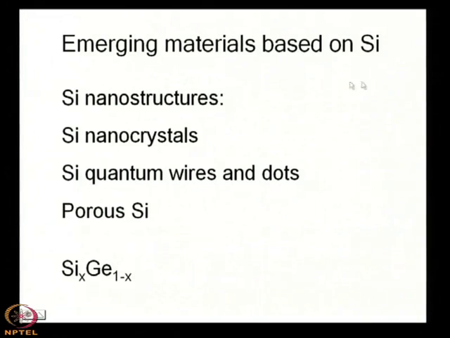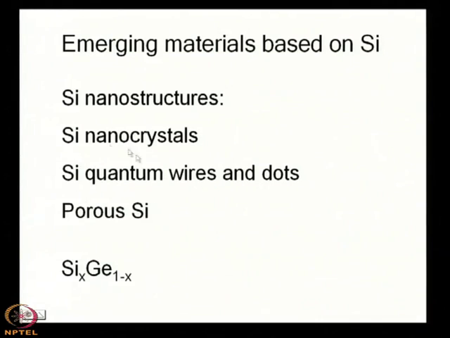Okay, so we find that in silicon also there are emerging materials which are based on silicon. Those may be silicon nanostructures. The silicon nanostructure involves silicon nanocrystals, silicon quantum wires and dots, porous silicon. These are the three nanostructure related materials, and in all the cases silicon is involved, because silicon has certain advantages that we have discussed earlier.